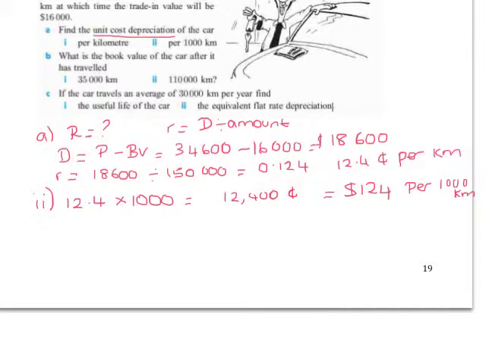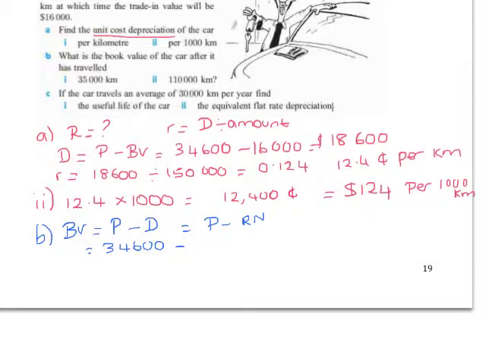Now in B, we're being asked what is the book value of the car after it's travelled 35,000 kilometres. The book value is the purchase price minus the depreciation, and depreciation is the rate of depreciation times the amount of use. Purchase price was 34,600.